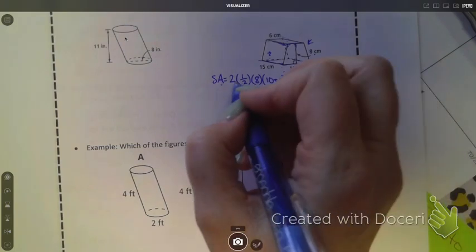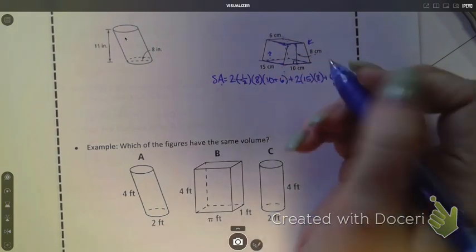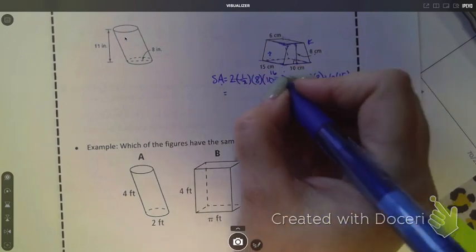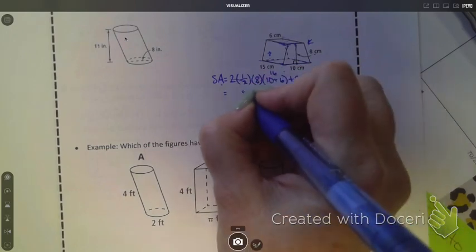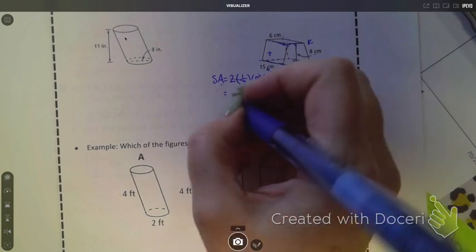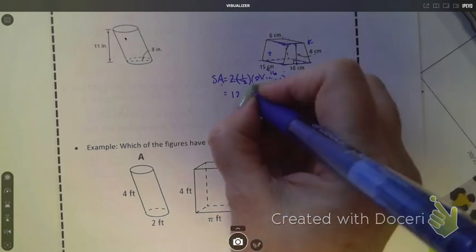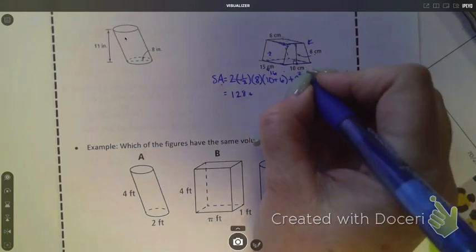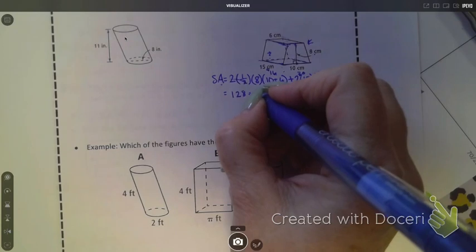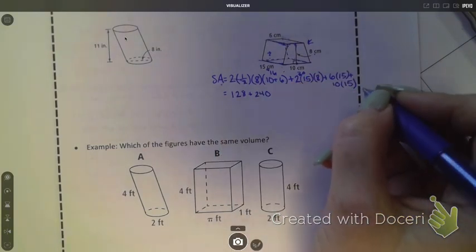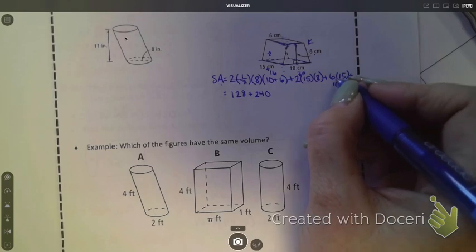Okay, so 1/2 and 2 go away, right? So 16. So 8 times 16 is 128. Plus 30 times 8, which would be 240. And 6 times 15.